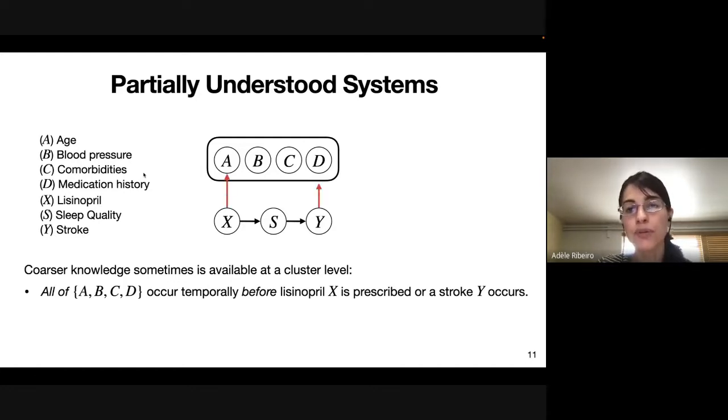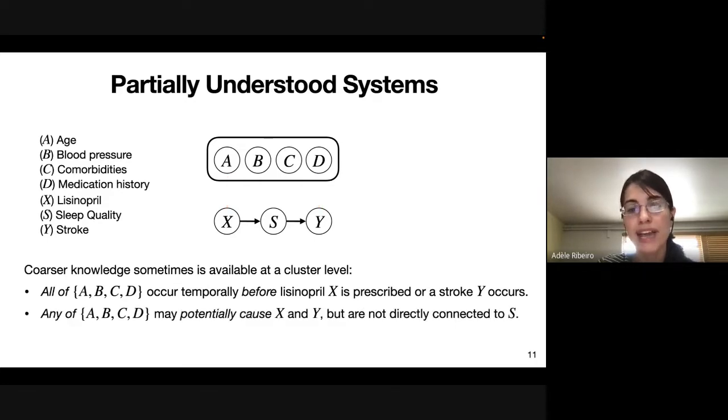So the point is we cannot have the causal effects the other way around. So X cannot cause any variable in this cluster. But any of these variables can be a cause of X or Y. It doesn't need to be all, but some of them. So it could be C causing X, B causing X, all of them causing X. Anyways, you don't know, but some of them can be causing X and can be causing Y.